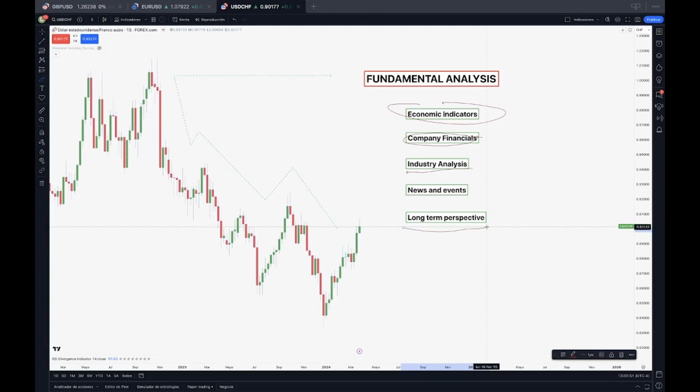So basically, it gives us a bias, an idea of the direction the stock may go. By integrating fundamental analysis into your trading decisions, you can make more informed choices based on the underlying value and prospects of the assets you are trading.